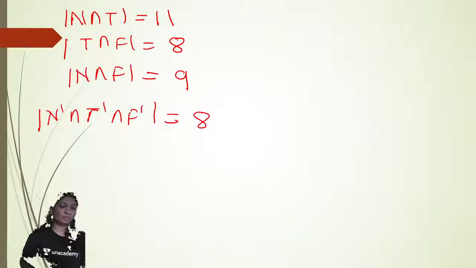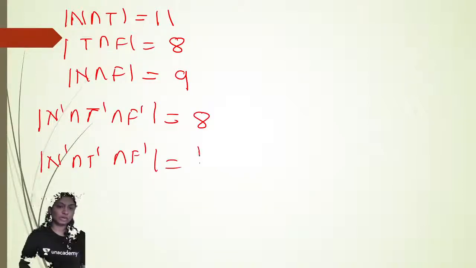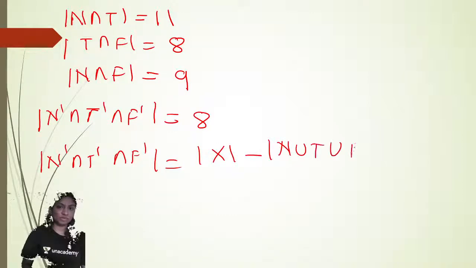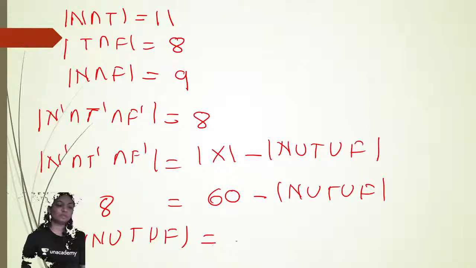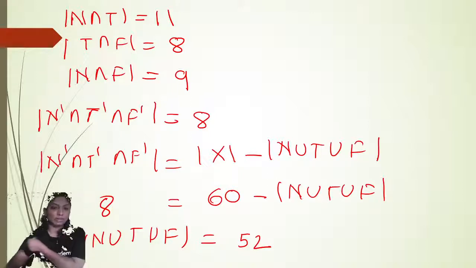By De Morgan's laws, the cardinality of N union T union F is equal to the cardinality of X minus the cardinality of none, so 60 minus 8, which gives 52. So there are 52 people who read at least one of the magazines.